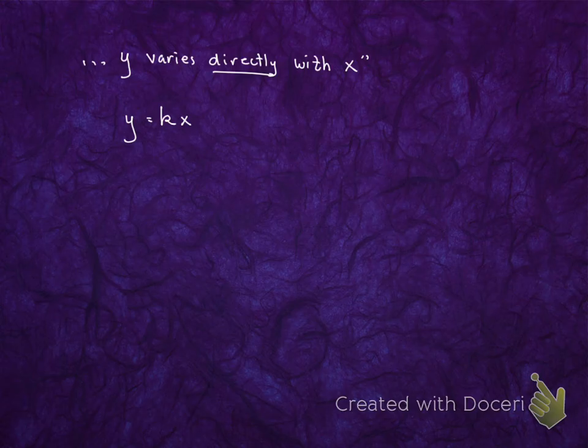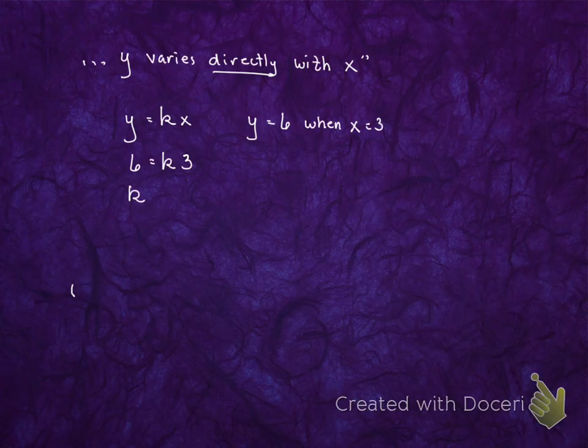We are also told that y equals 6 when x equals 3. And it wants us to write the function rule for the variation. Okay? So if y is equal to 6 and x is equal to 3, what we get is that k is equal to 6 divided by 3, which gives us a k value, or again, a slope of 2.